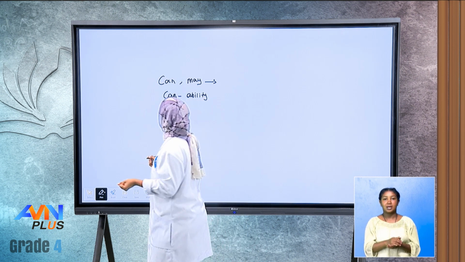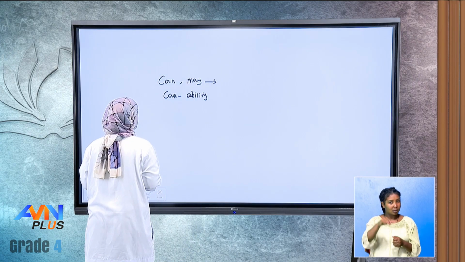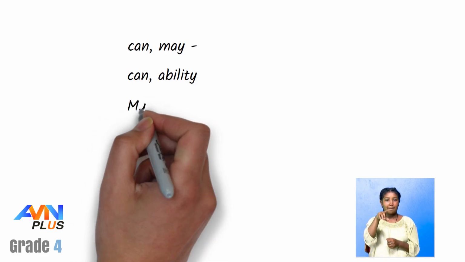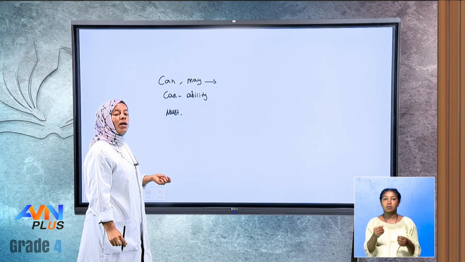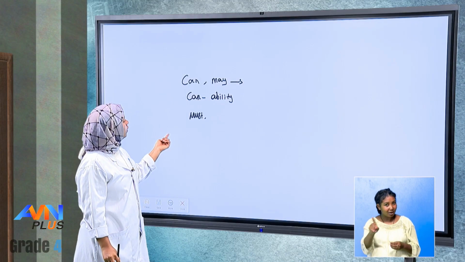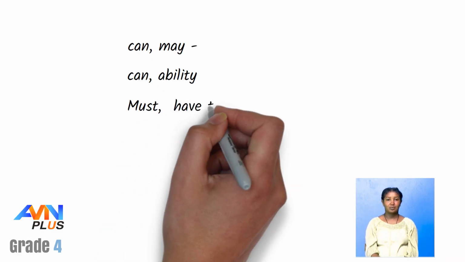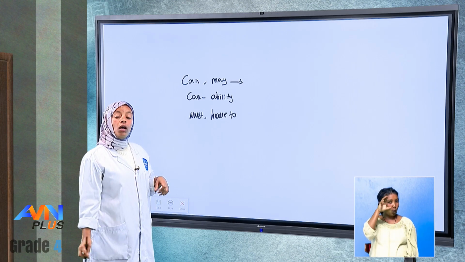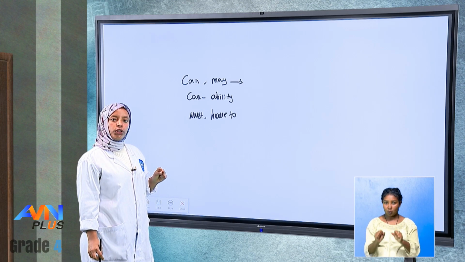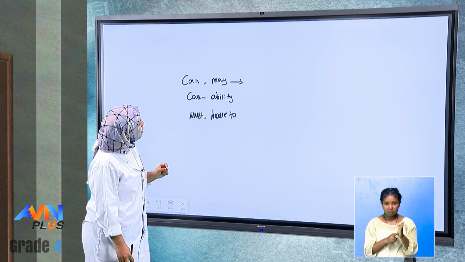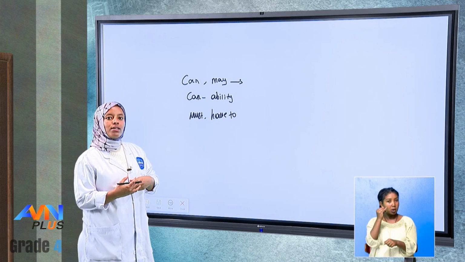The next one is we can use for obligation must, and also what? Must and also have to. For what? Obligation and strong instruction and regulation. And the next one, advice, recommendation, suggestion.